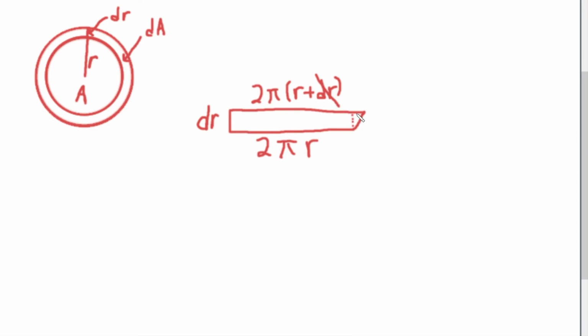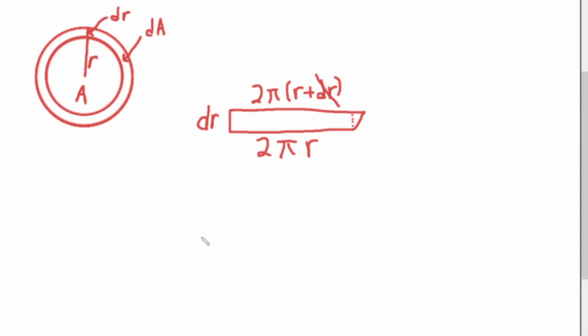That means that this top side length is going to approach the same length as the bottom side length, because the two circumferences are going to be virtually the same when you have a very small change in radius. So as we use smaller and smaller increases in radius, this shape becomes a rectangle with a length of 2 pi r and a width of dr.